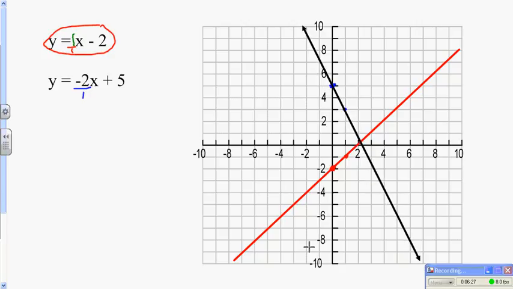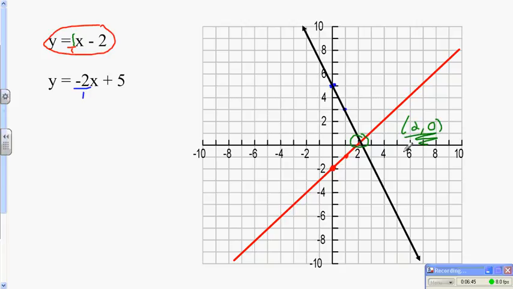The graph is an approximation, so we would approximate their solution. My graph could be off a little bit, so let's approximate it and say the solution is the coordinate (2, 0).